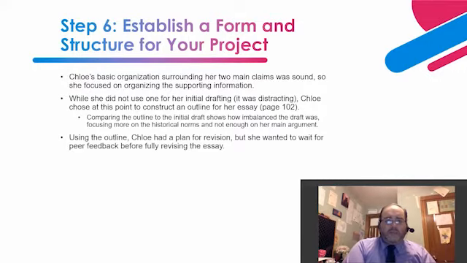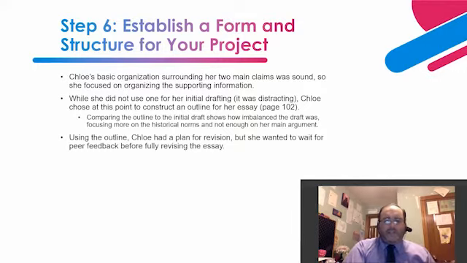While she did not use one for her initial drafting, Chloe chose at this point to construct an outline for her essay. When you don't have an outline for an initial draft, it actually tends to work better, because an outline becomes a distraction, and you're trying really hard to shoehorn the ideas that you're discovering into that outline.